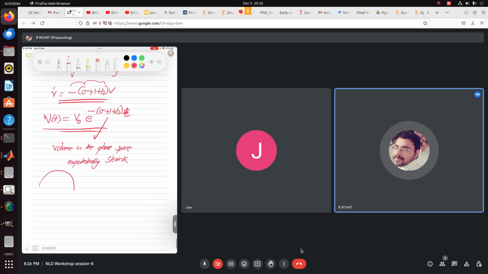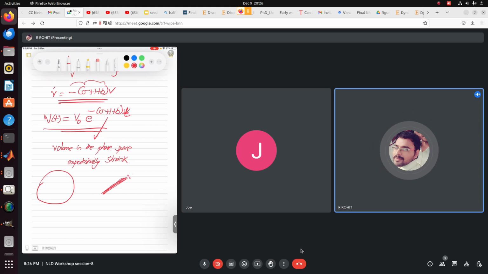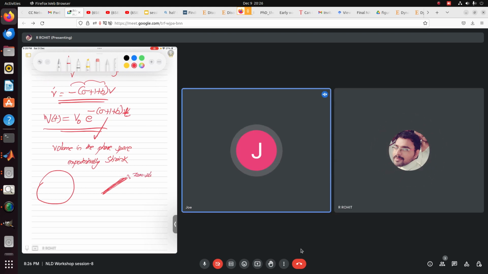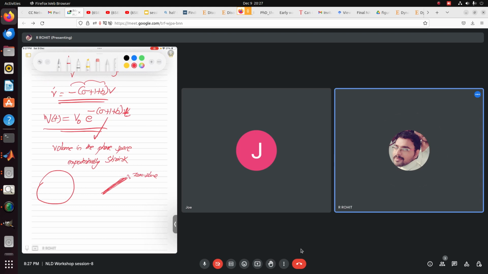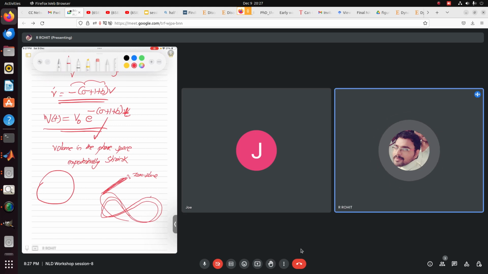It started somewhere like this, now they occupy a very small volume, so they say that this is near zero volume. We will discuss something called the butterfly effect later. Here the trajectories cover a zero volume, which means the width of this is very small, so the trajectories are moving so closely that the width of this total thing, if you sum it up, is very close to zero.